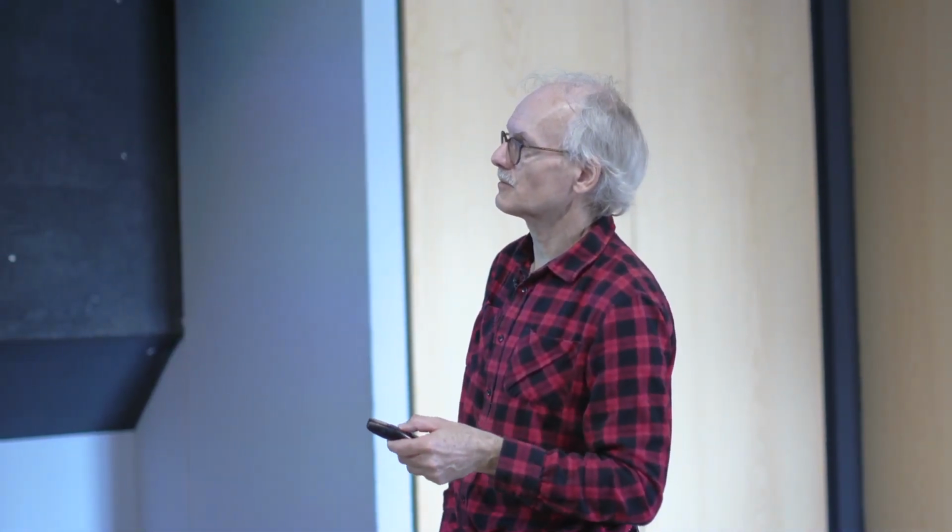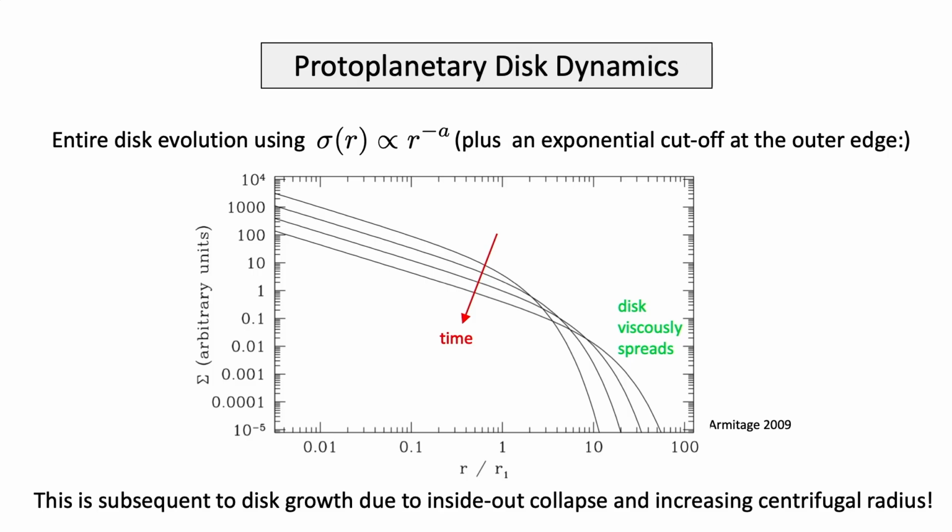I'm not going into calculations here. I wanted to do this very briefly only. You see a calculation of this process. This is a cross-cut through a disk. It's again this surface density. You see radius here, all logarithmically shown. The initial profile of density versus radius was this, so a disk with a decreasing density and then a cutoff.